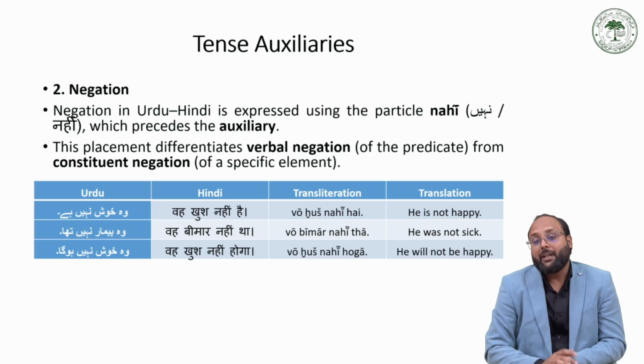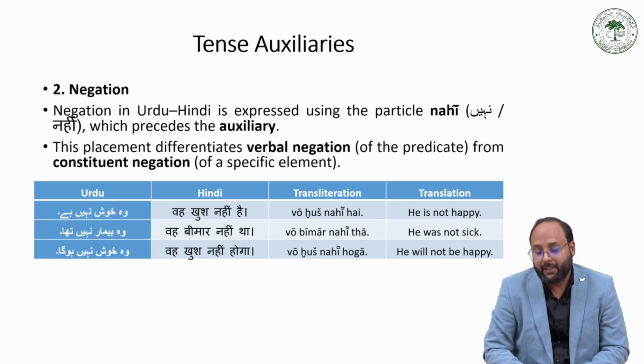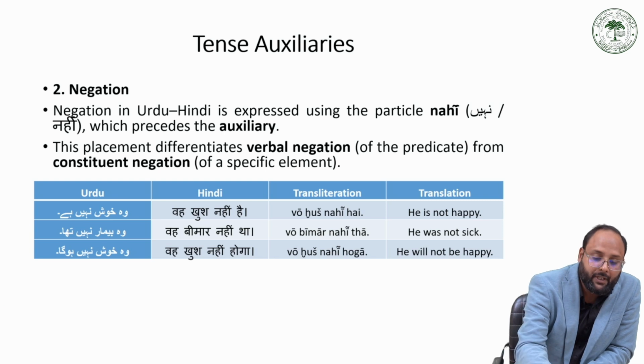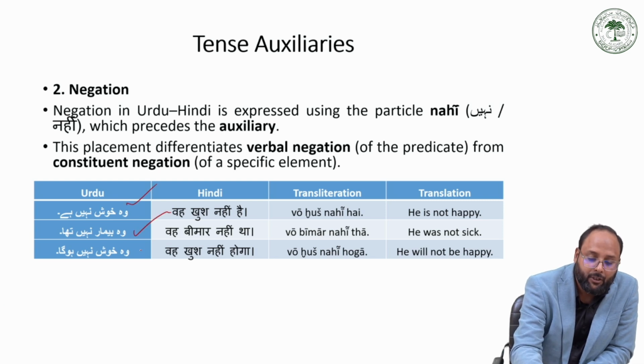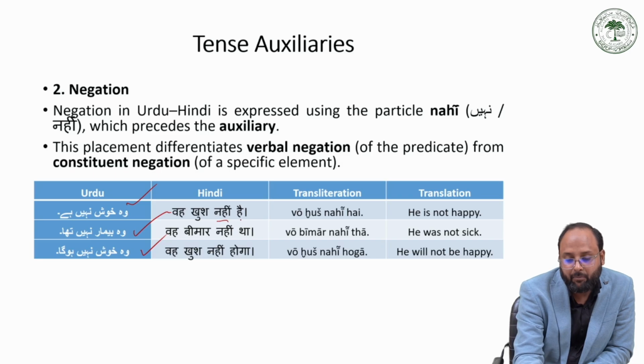And we also have negation in the sentence. Negation occurs before the auxiliary. Like वो खुश नहीं है, वो बीमार नहीं था, वो खुश नहीं होगा. So in this case, nahi occurs before the auxiliary.